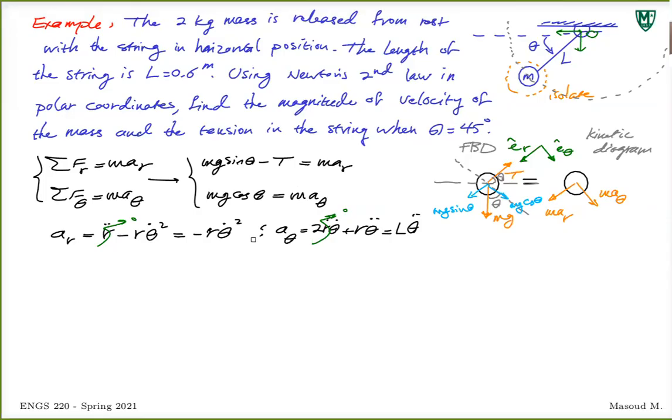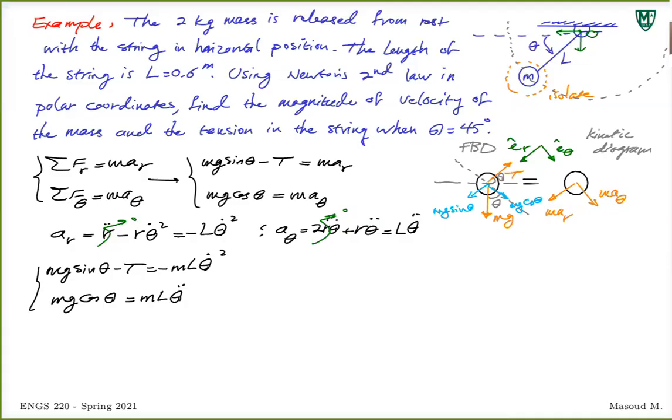So let me just replace it, and I'm going to replace it for that one too, minus L theta dot squared. So plugging in the values, you get mg sine theta minus T is equal to minus m L theta dot squared, and you get mg cosine theta is equal to m L theta double dot, right?